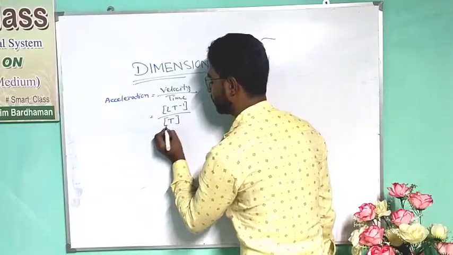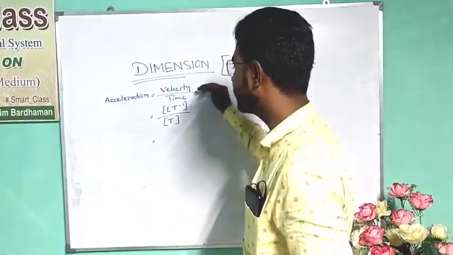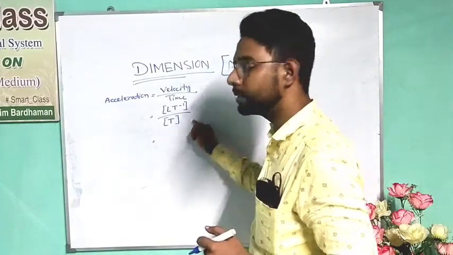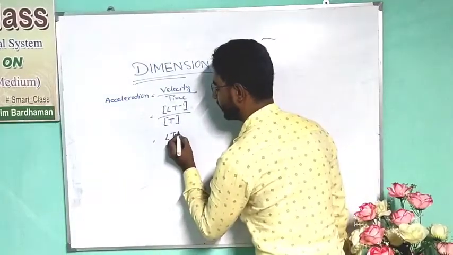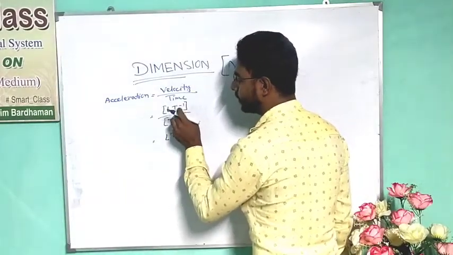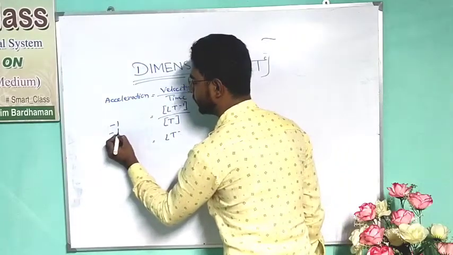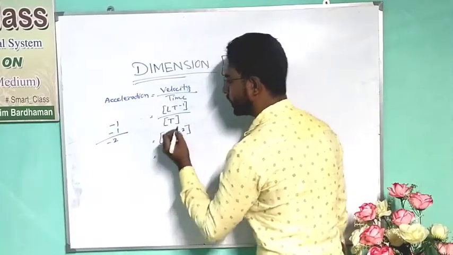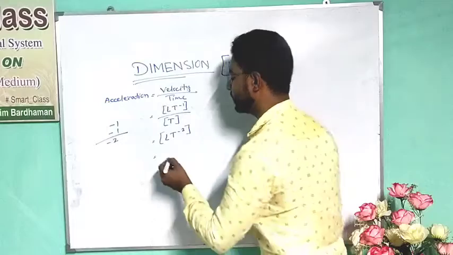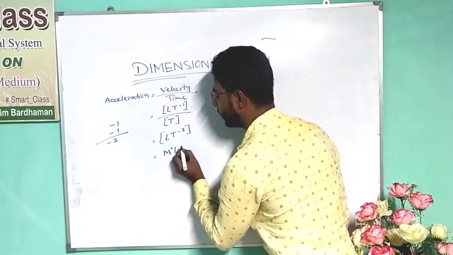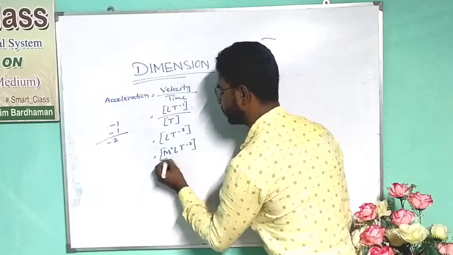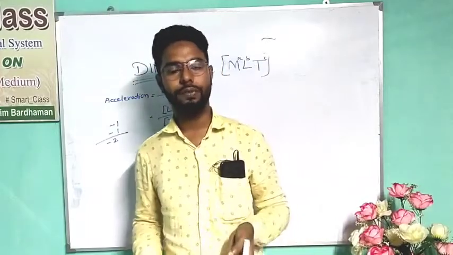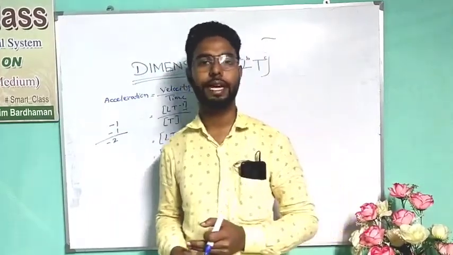The time is T. Similarly, if the denominator becomes the numerator, the power of that quantity becomes negative. I already have minus 1, and adding minus 1 makes it minus 2. So the acceleration's dimension will be M0 L T minus 2. Like this we can find the dimension of any physical quantity if we know its formula.